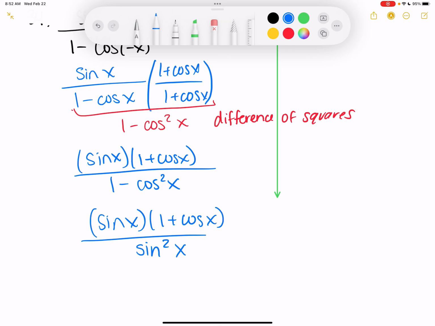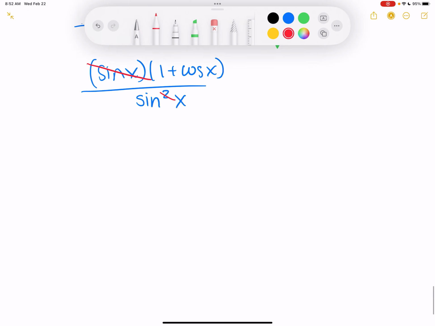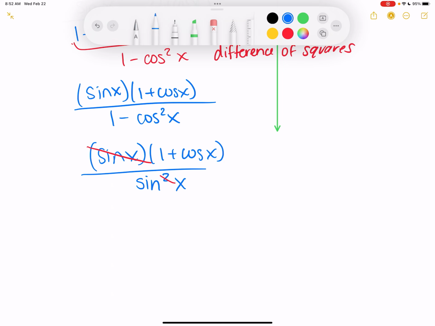Because this is being multiplied here, I can cancel this sine of x with this squared part to be left with 1 plus cosine of x over sine of x. But if I had already multiplied, I wouldn't be able to do that. I would have to split it into separate fractions and go from there. Ultimately it would work, but it would be more work for you.